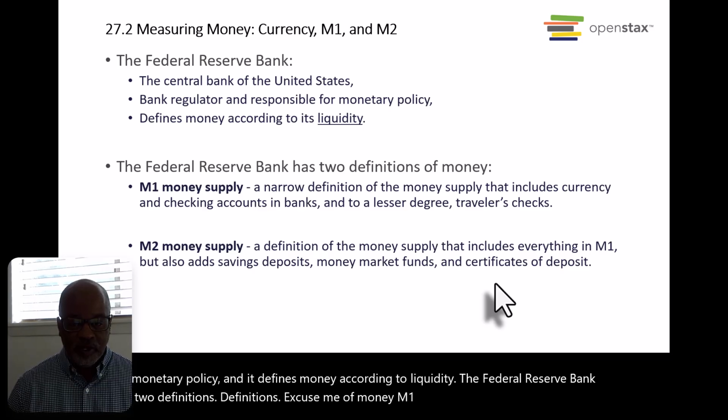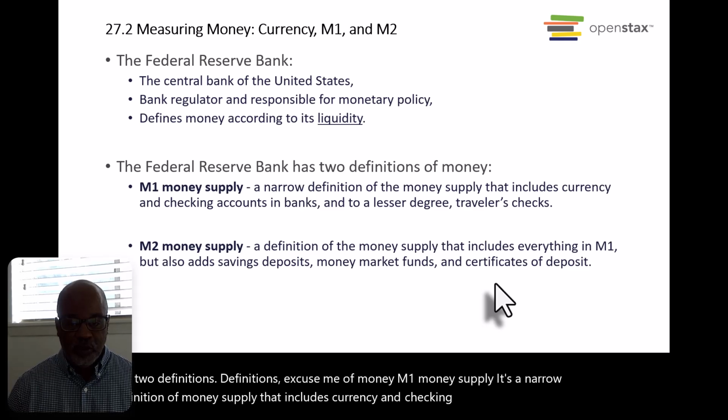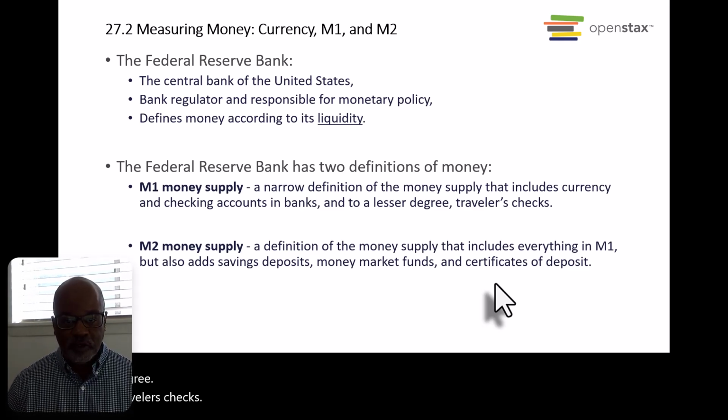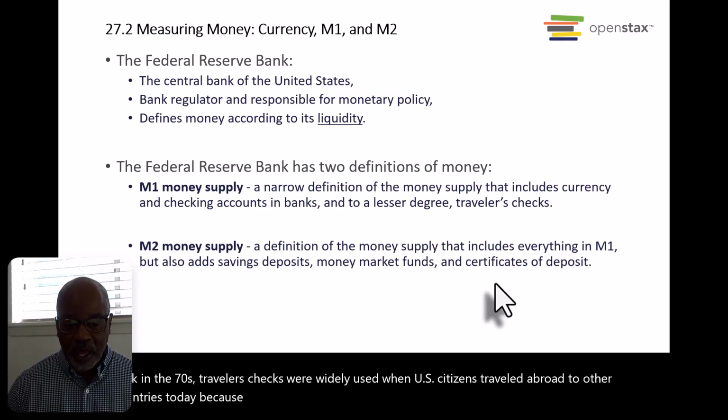It's a narrow definition of money supply that includes currency and checking in banks, and to a lesser degree, traveler's checks. Back in the 70s, traveler's checks were widely used when US citizens traveled abroad to other countries. Today, because of the branding of American Express, Discover, MasterCard, and Visa, those are accepted worldwide.